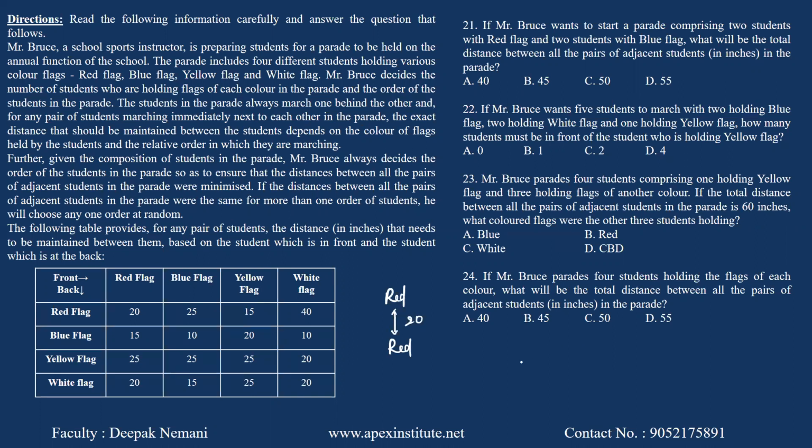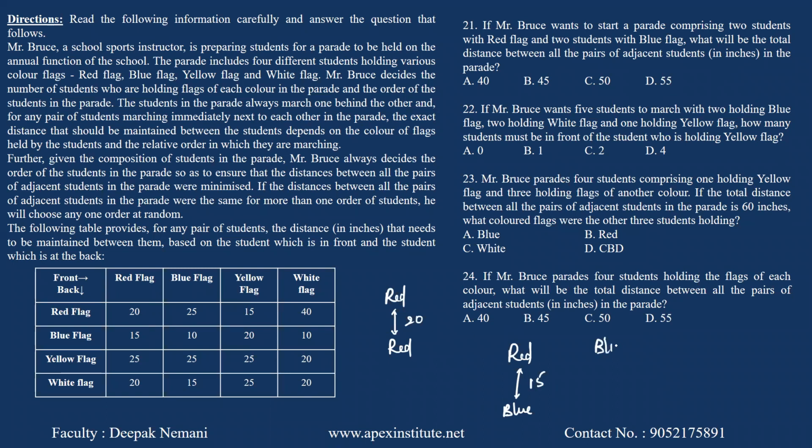Now, if you have 2 persons holding a red flag and a blue flag, and the person holding the red flag is in front of the blue flag, that means blue is at the back of the red color, isn't it? So blue is on the back side of the red color flag. So the distance maintained should be 15.